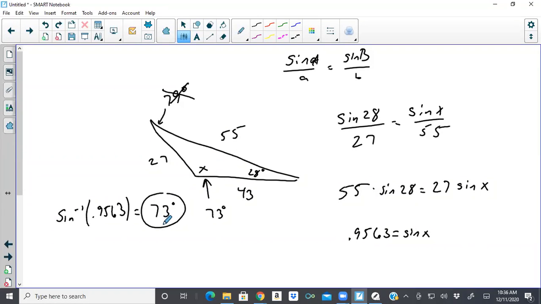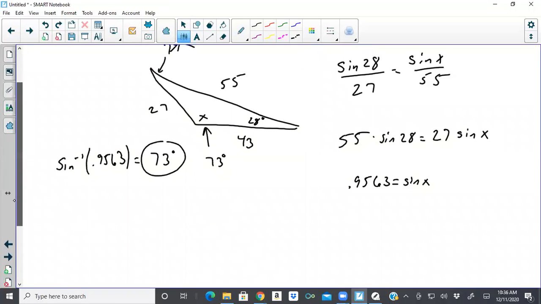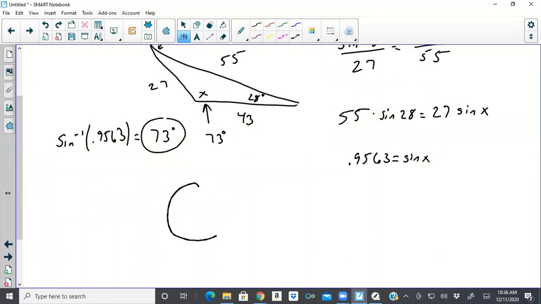So what I need to do is pay attention to what is actually the correct angle. If I think back to the unit circle, there's two places where the sine of something is equal. One of them right here is 73 degrees.